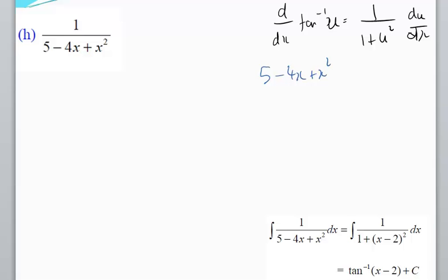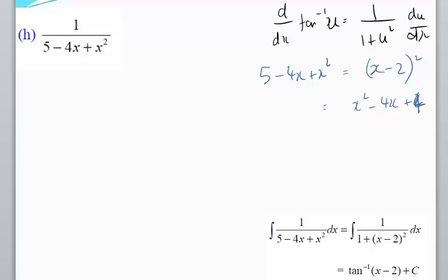We have different signs, so we know it's going to be x minus something. To get to minus 4x, we're going to have x minus 2 all squared. That will give us x squared minus 4x plus 4. That makes sense.